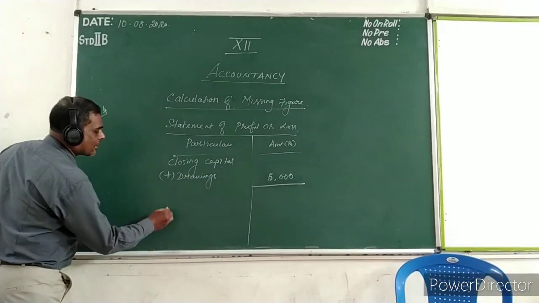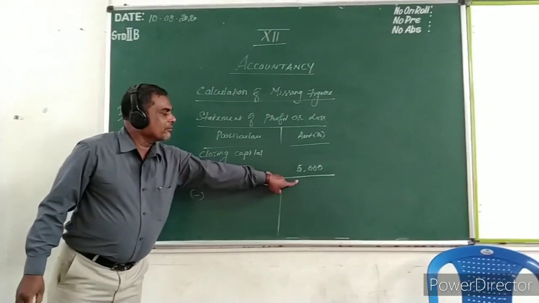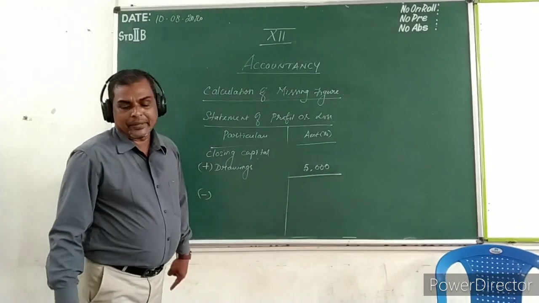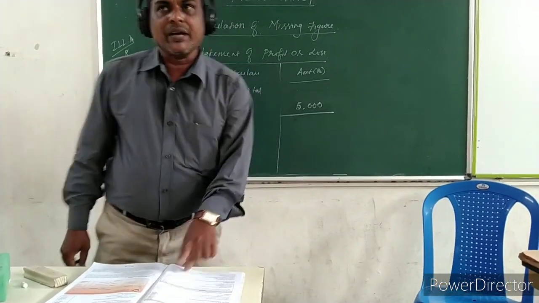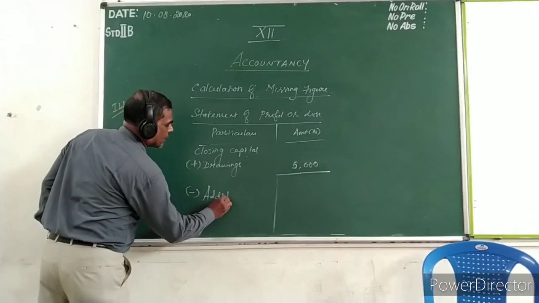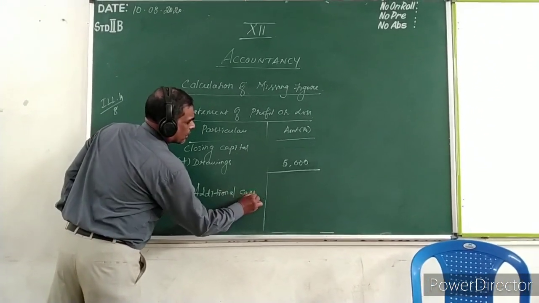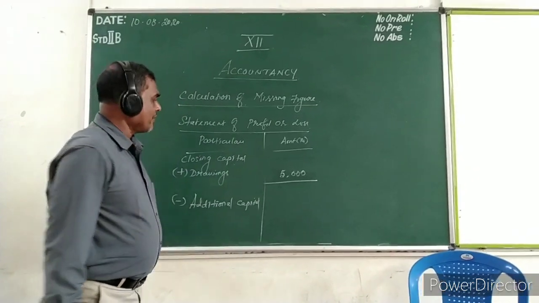What is the next item? As per the format, from this item we have to deduct the additional capital. Additional capital or introduced capital, both are the same. Here the additional capital is rupees 2,500.